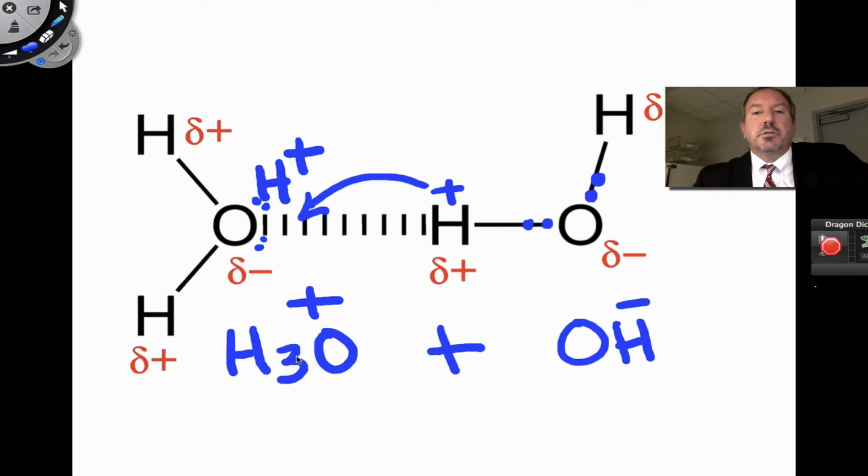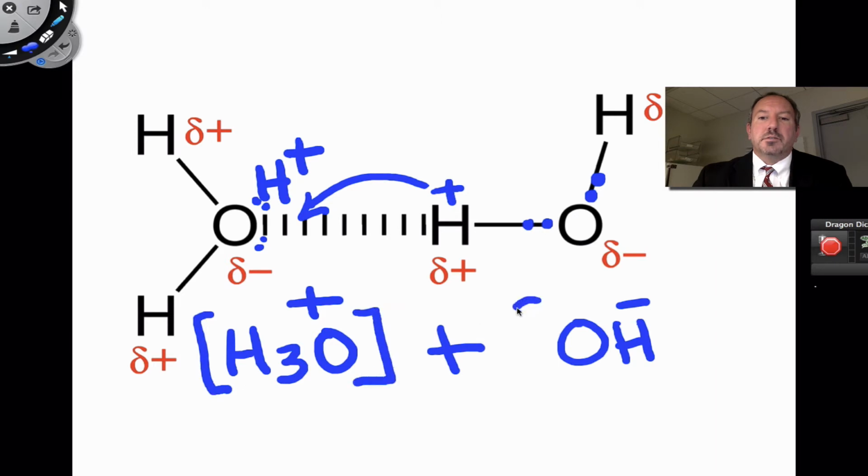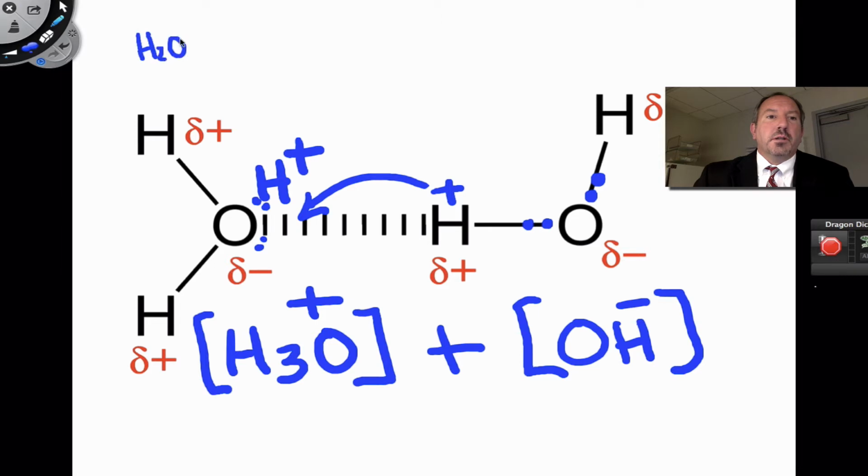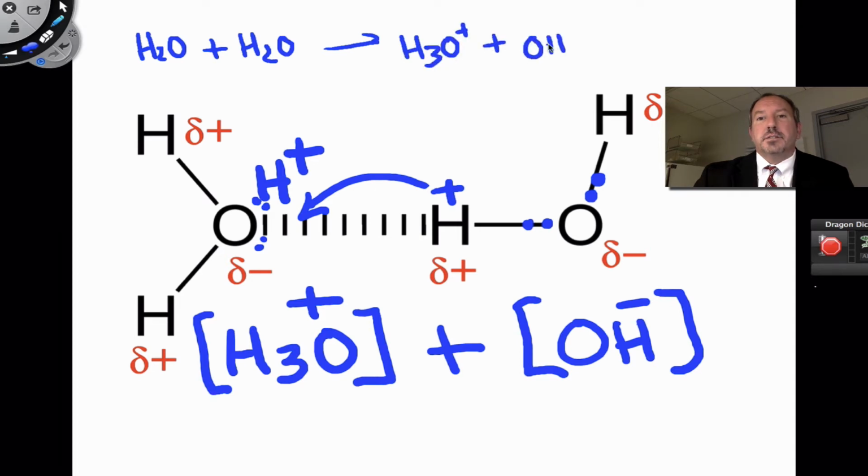And so these two ions are formed. And the concentrations of them, these are concentration brackets, are of course equal. What I'm getting at is, if you have a water molecule and another water molecule, occasionally this will break down into a hydronium ion and a hydroxide ion. You see how that can work?